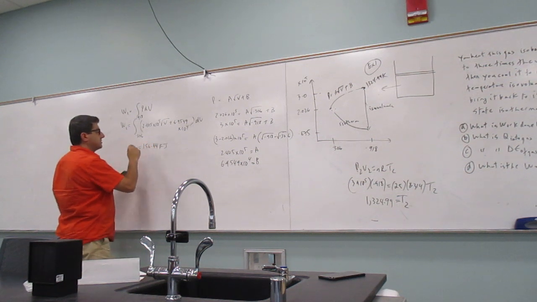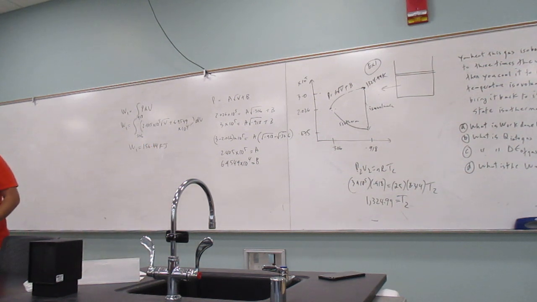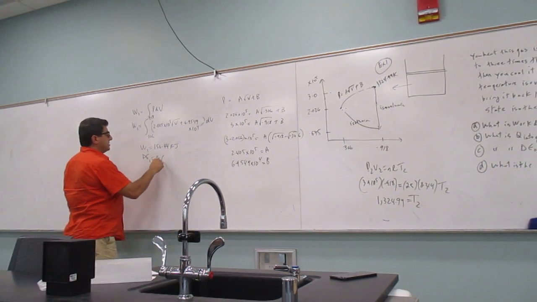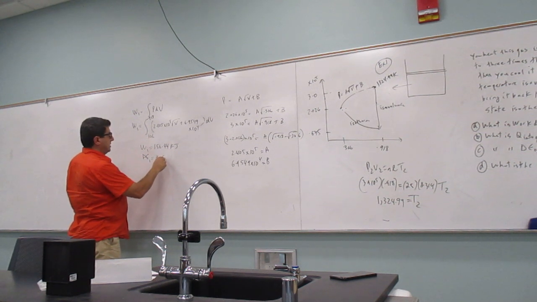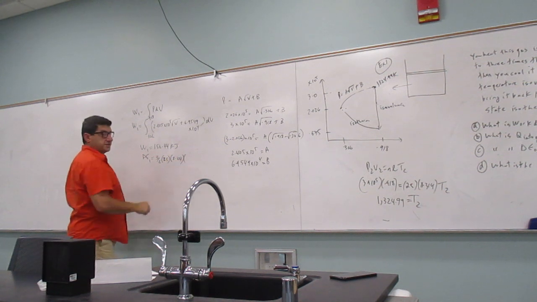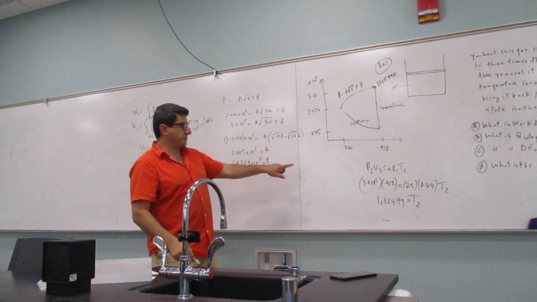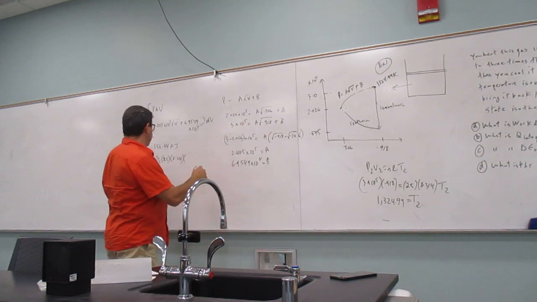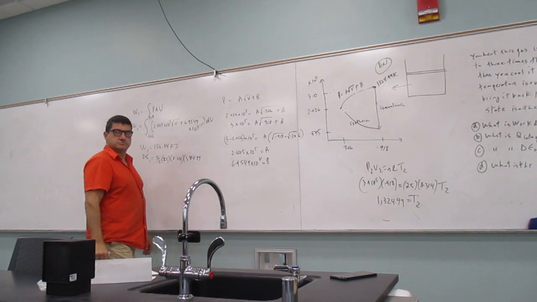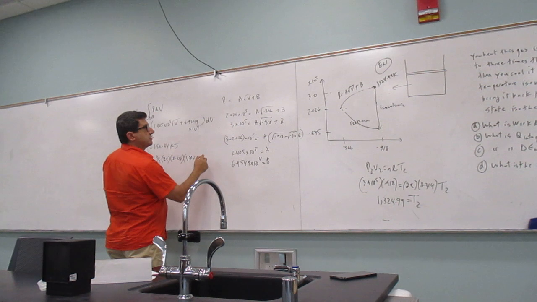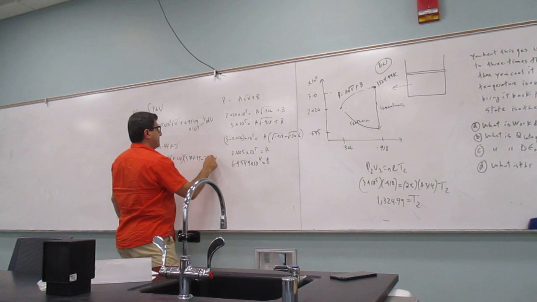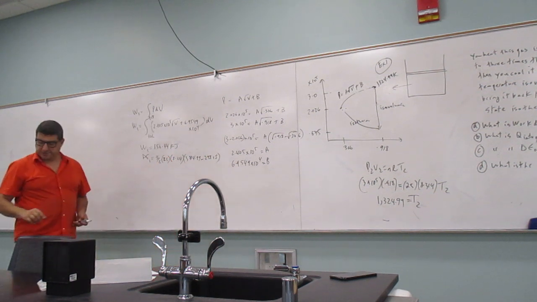W1 is 156.44 kilojoules. Okay. So then delta E1 is going to be 3/2 nR delta T, right? But now delta T is larger because T2 is 1,324.99 minus the original temperature, which was 298.15.